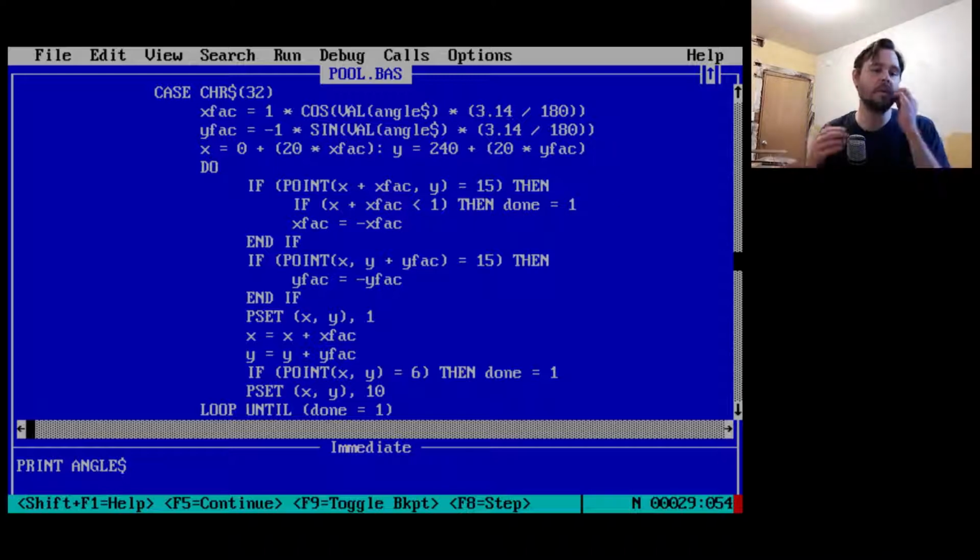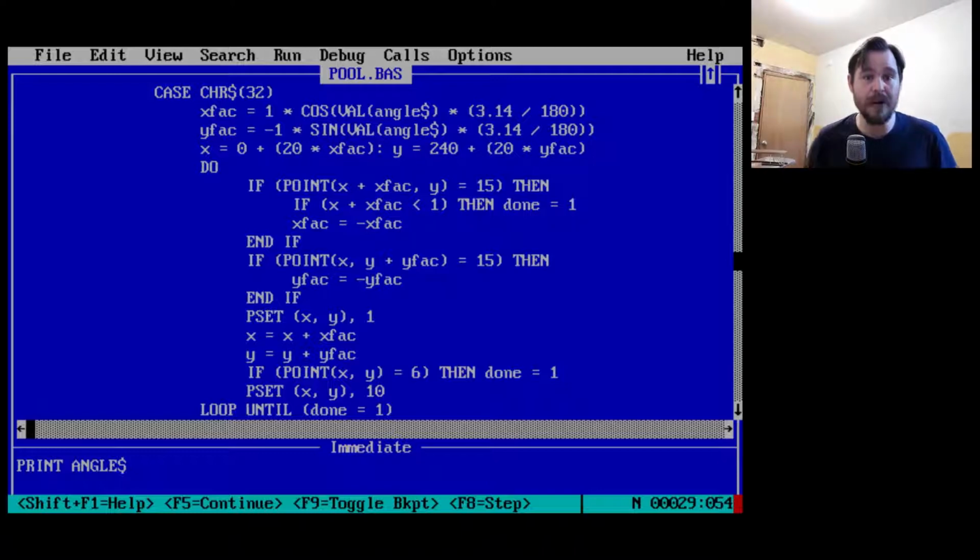Because we're shooting, we need to figure out the new xfac and yfac, because the angle would have changed. So we get the xfac.